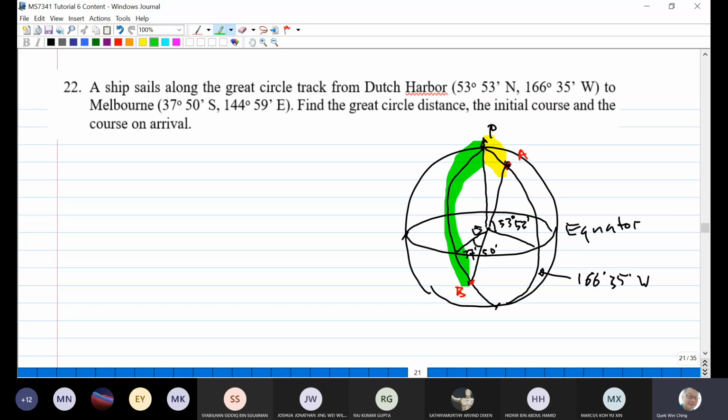So you go from A to B, right? So along the great circle. So let's draw the great circle here, from A to B. The path, okay, this one to B. A great circle is a circle that passes through the center of the Earth.